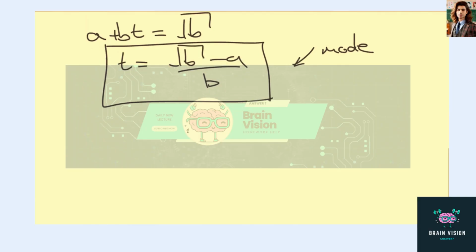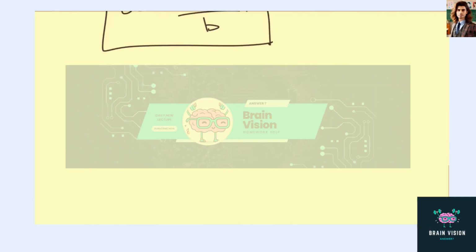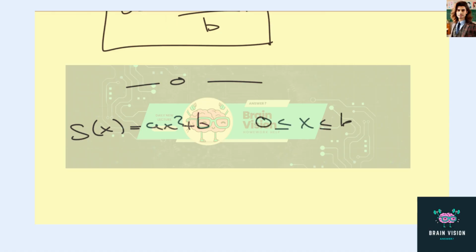Okay. So now let's say that we have a survival distribution where S of x is ax squared plus b, for 0 less than or equal to x less than or equal to k. So the expected value of x is 60. But the expected value of x is related to the survival function by the integral from 0 to infinity of S of t dt.